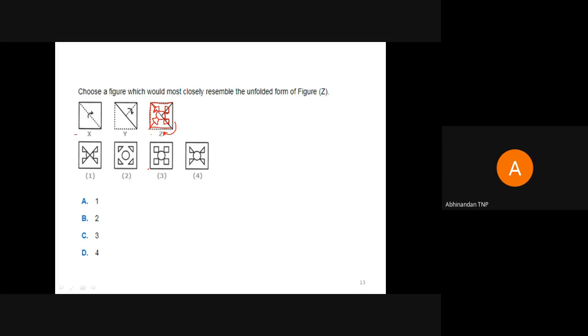So such a kind of figure we have to search in the options. So option A obviously is not correct. Here we have a circle, but the triangles are not in the proper shape. So option number C is correct. C is the correct answer.